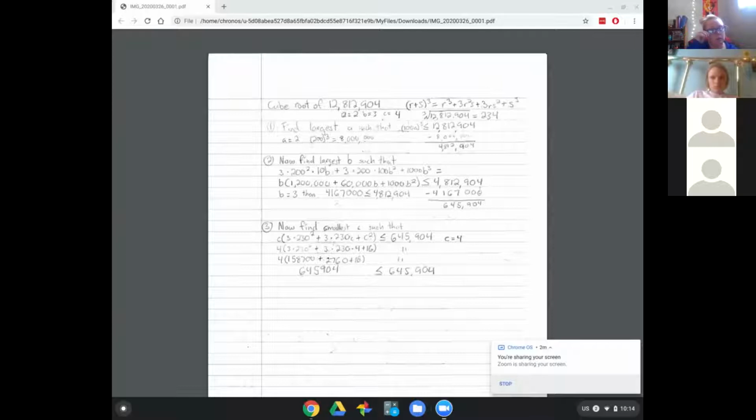So this is the volume we're taking away with our B's. And then we have our C, and C equals 4 gave us that perfectly. So 234 is the cube root of that ginormous number. Does that make sense? Okay, I'm going to stop sharing my screen now.